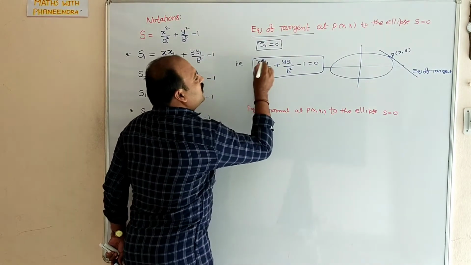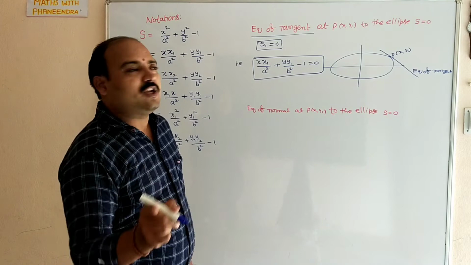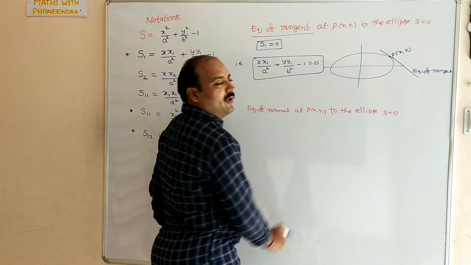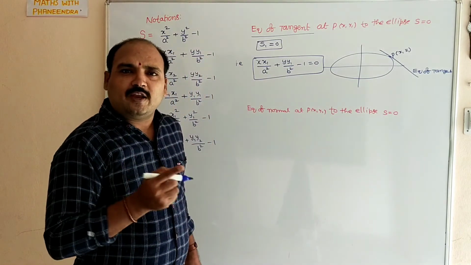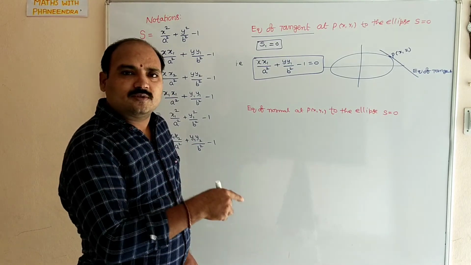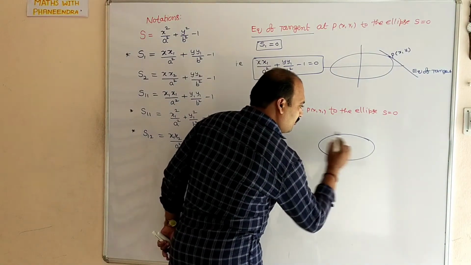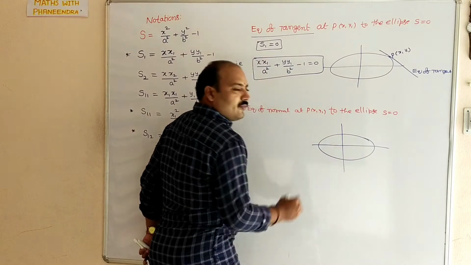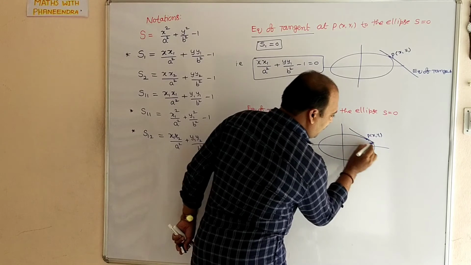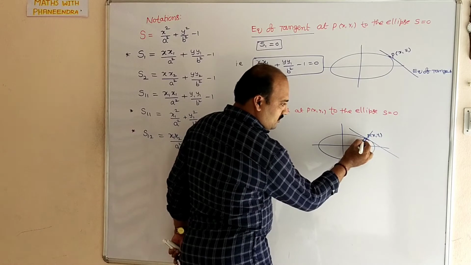This is the equation of tangent to the ellipse at the point x1 y1, and next the equation of normal. Normal means the line which is perpendicular to the tangent at the point P of x1 comma y1. This is the ellipse, this is P of x1 y1. At this point, this is the tangent. For the tangent, the normal is always perpendicular.